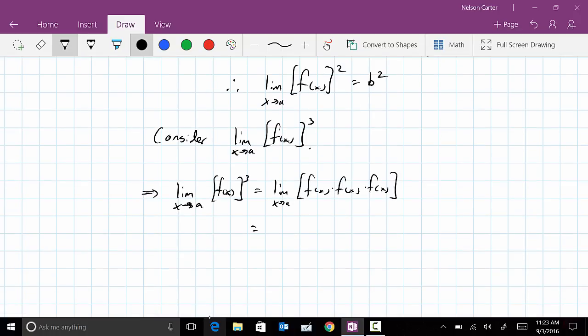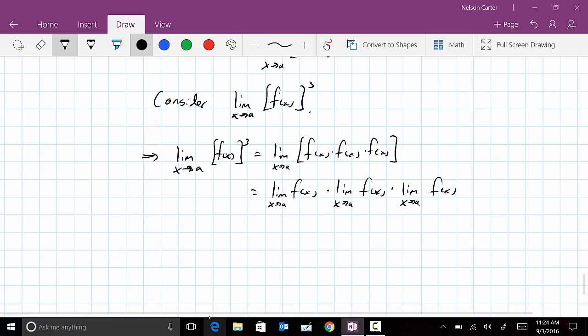But if we use associativity, then we're able to use the fourth limit law again, and say that the limit of a product is the product of the limits. So this is equivalent to the limit as x approaches a of f of x times the limit as x approaches a of f of x times the limit as x approaches a of f of x.